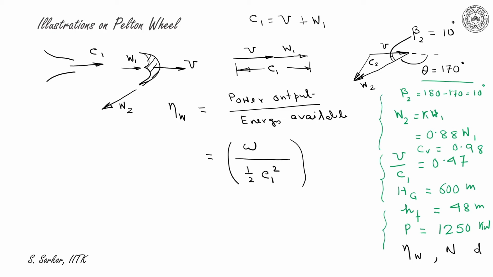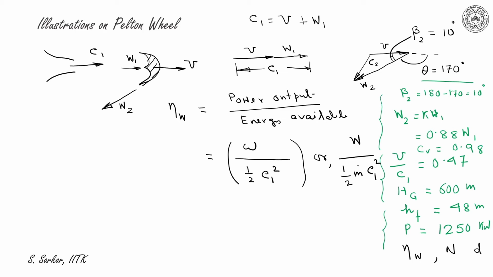This is the expression for eta W, or I can say work output divided by half m dot into C1 squared. M dot is the mass flow rate through the bucket.